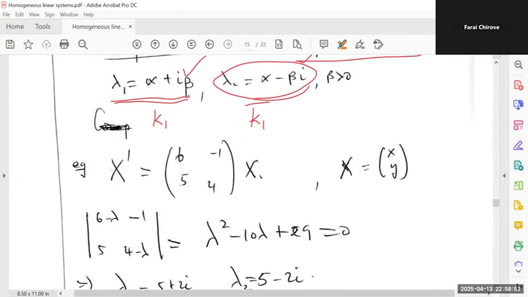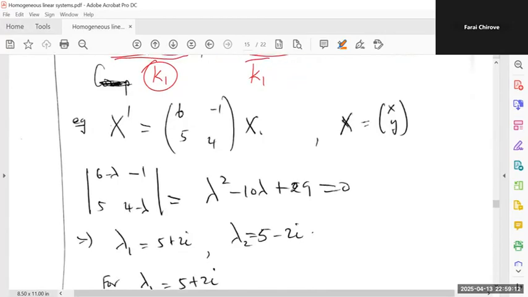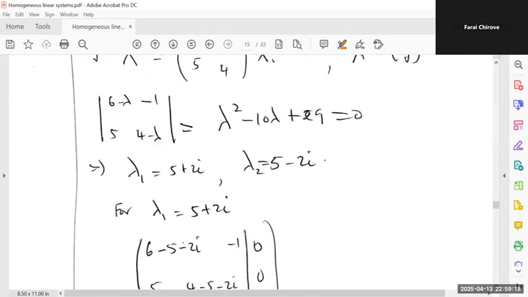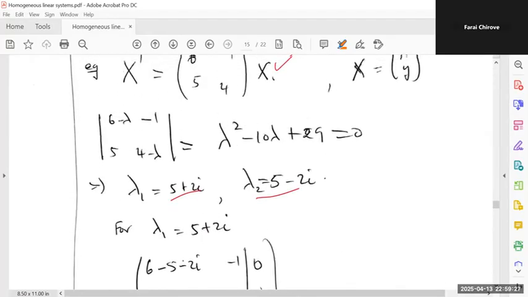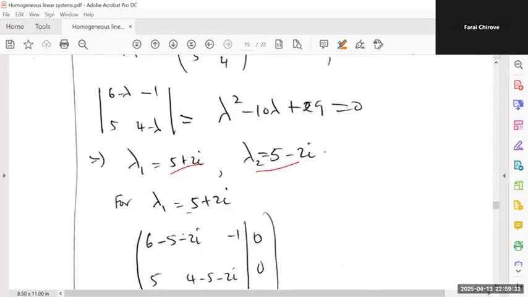Now let's start with an example, and then we will develop this example into a theory that will let you see that it's enough to just get the eigenvector associated with the first eigenvalue, lambda 1, and not its complex conjugate. All right, so here is the example, and if you solve it, you get lambda 1 is 5 plus 2i, and its complex conjugate. So let's go in there and create a system to find the eigenvector associated with 5 plus 2i.